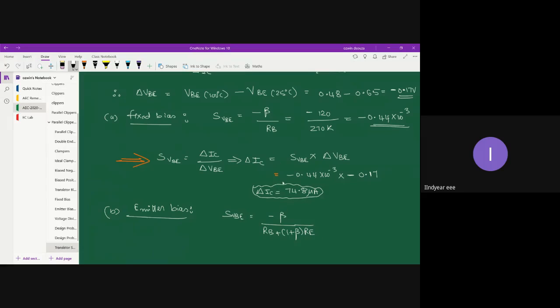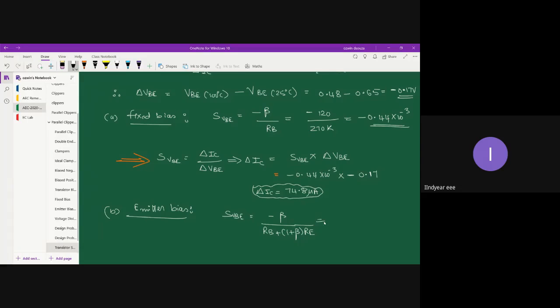You don't have to learn it by heart. In fixed bias, there is no emitter resistor, hence there is no RE. In emitter bias, there is an emitter resistor, hence you will have the reflection of the emitter resistor in the input side. That's the reason 1 plus beta has come into the picture.